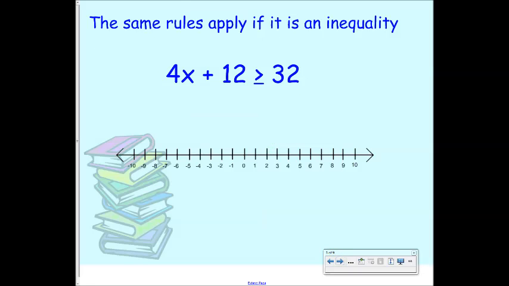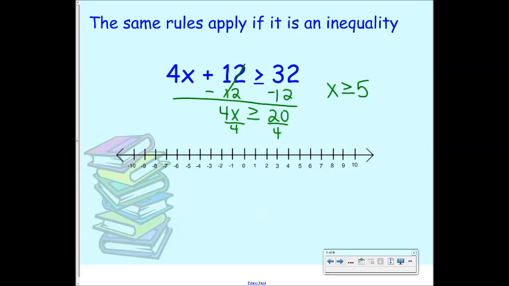Nothing changes if you take out the equal sign and put in an inequality. So we would solve this exactly the same way that we solved it when it had an equal sign. So instead of saying x is equal to 5, x is greater than or equal to 5.